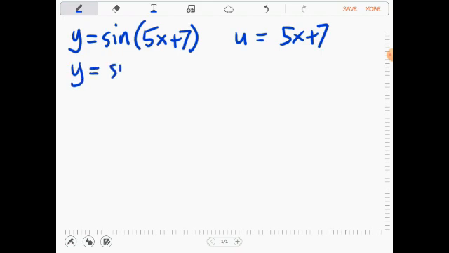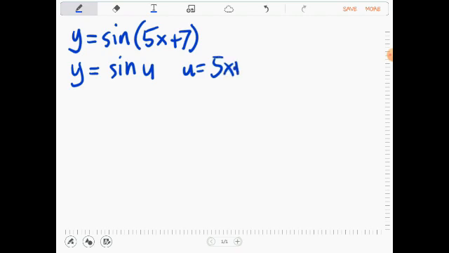Y is equals to sine of u. Pwedeng hindi nyo na ito gawin, ano? Ito ay dinidiscuss ko lang para makuha natin yung pattern natin dyan. Pero kung ayaw nyo naman, wala namang problema kung hindi nyo na. Yung u natin ay 5x plus 7.